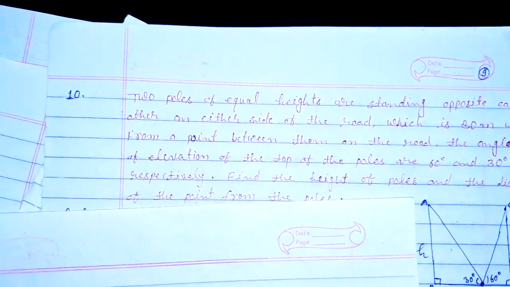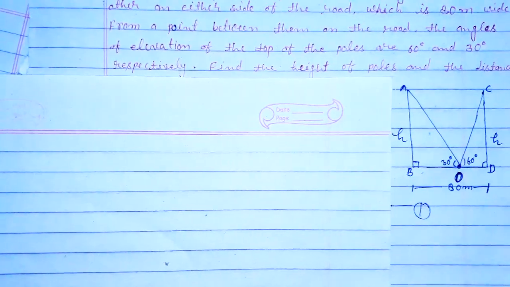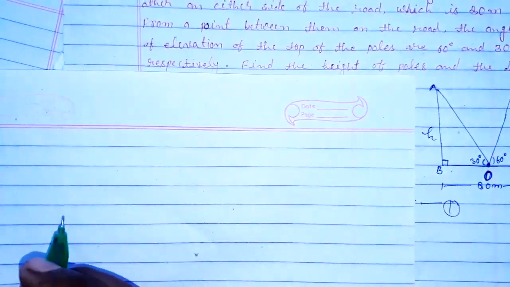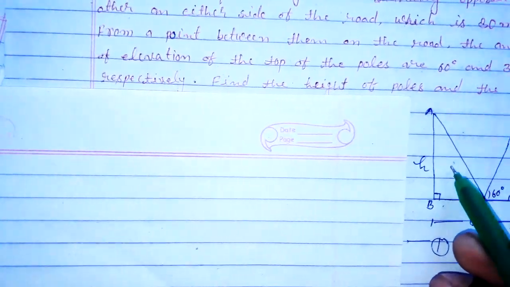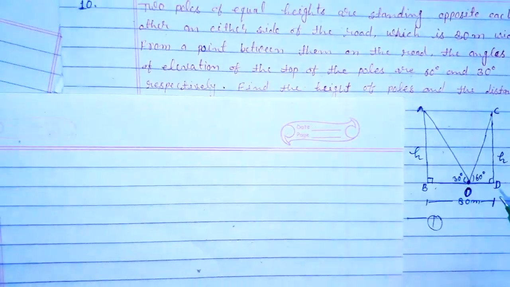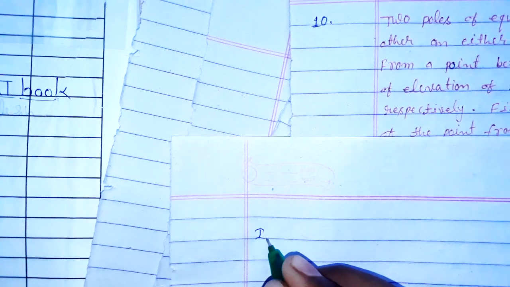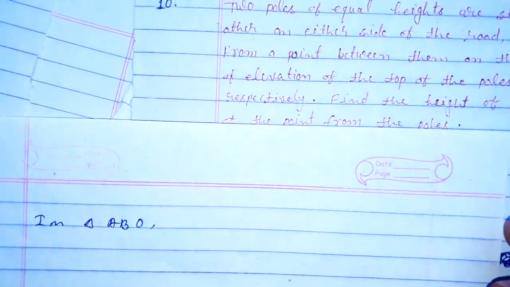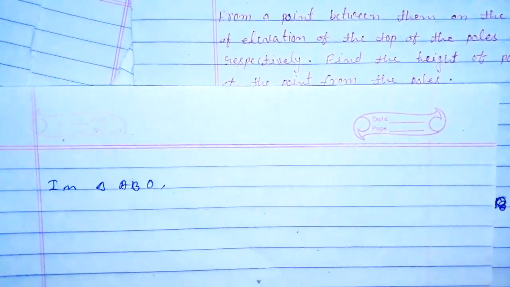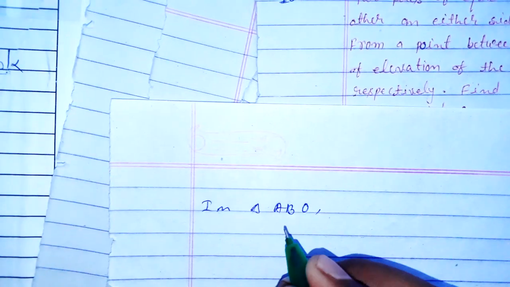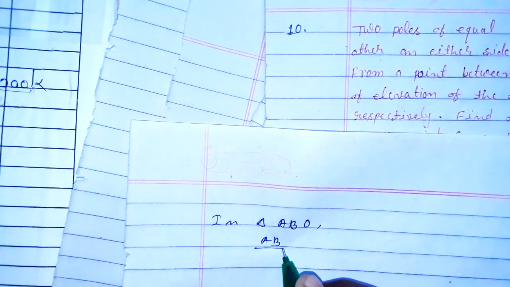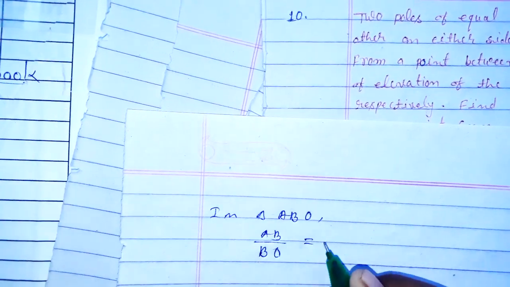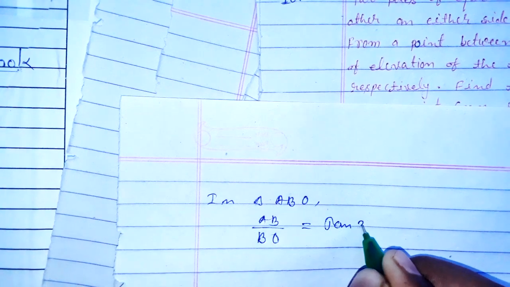So let's solve this question. Here is the figure. First, in triangle ABO, take the ratio AB upon BO. So tan 30 degree is AB upon BO.